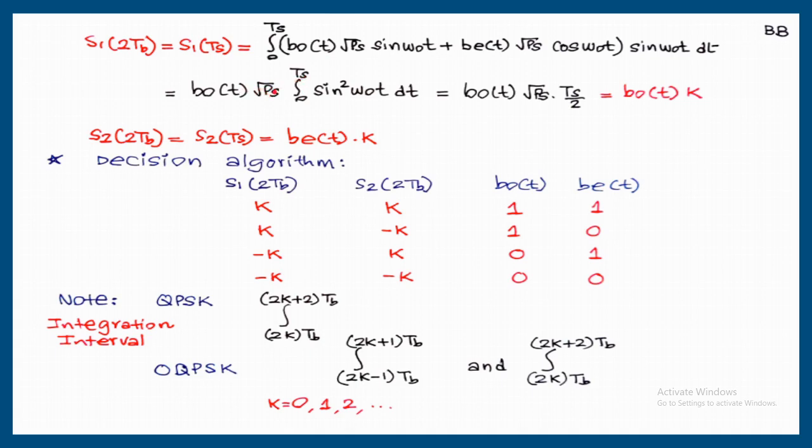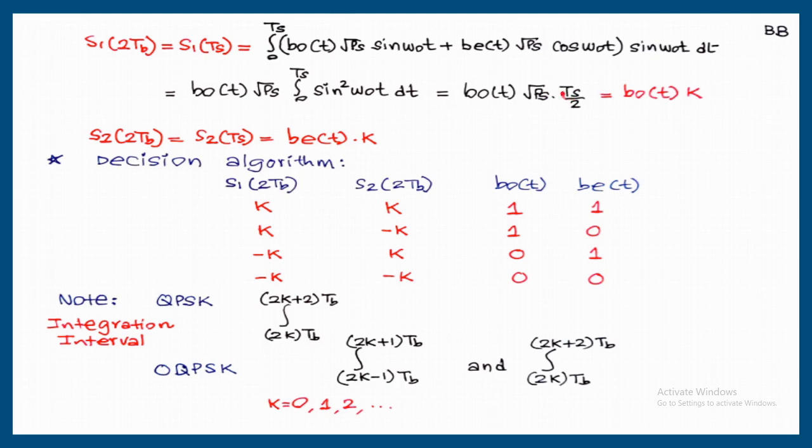So b_o root Ps, sine square omega 0 t is half minus half cos 2 omega 0 t. Integration of half is Ts by 2, and integration of cos 2 omega 0 t is equal to 0. That is due to the full number of cycles, the integration result will be 0. So the result is b_o root Ps into Ts by 2.